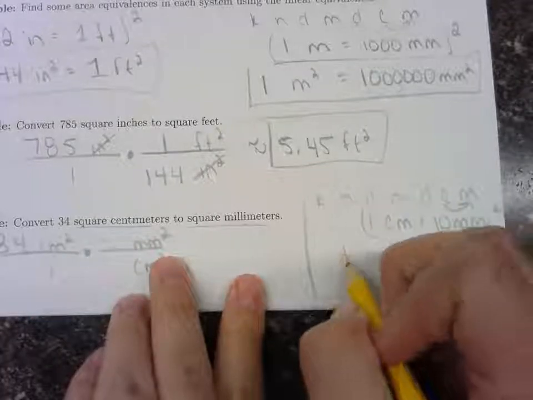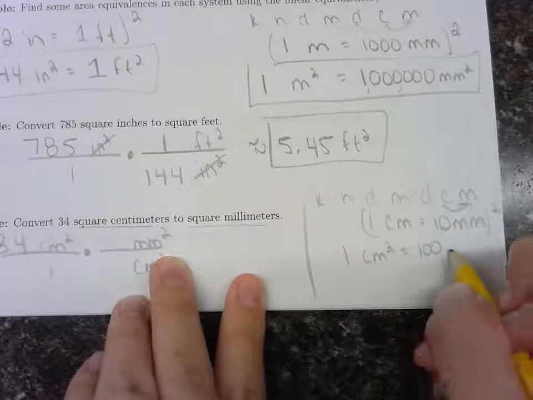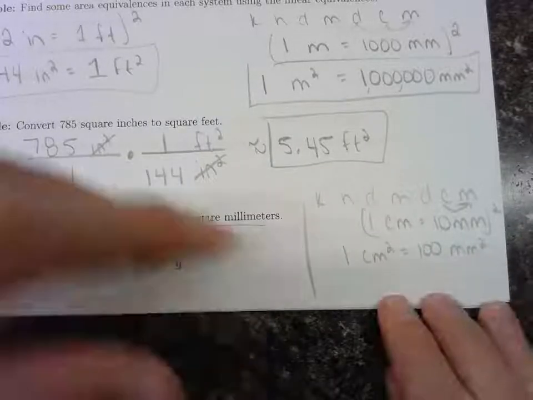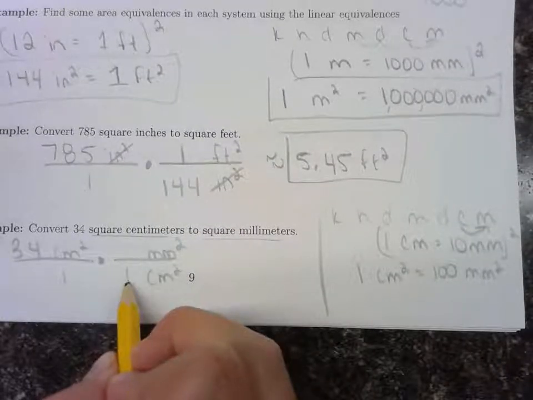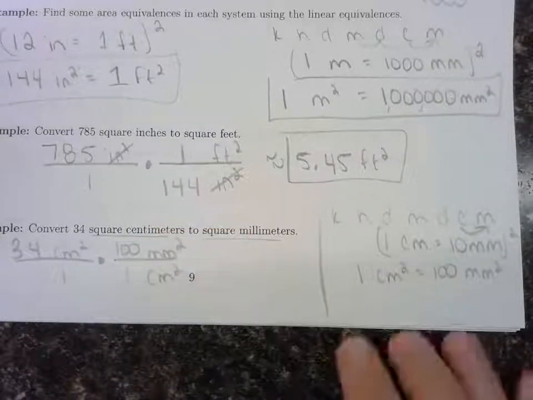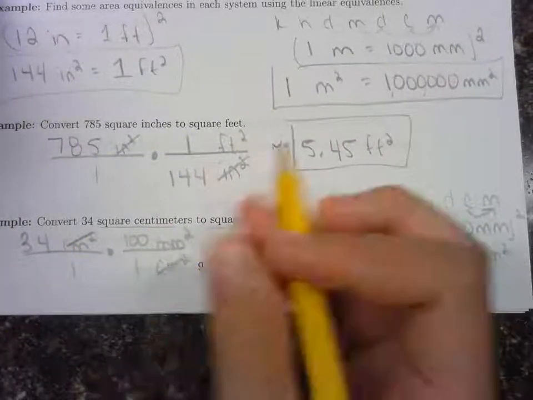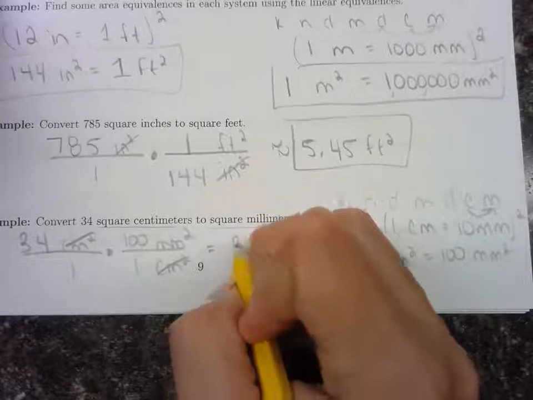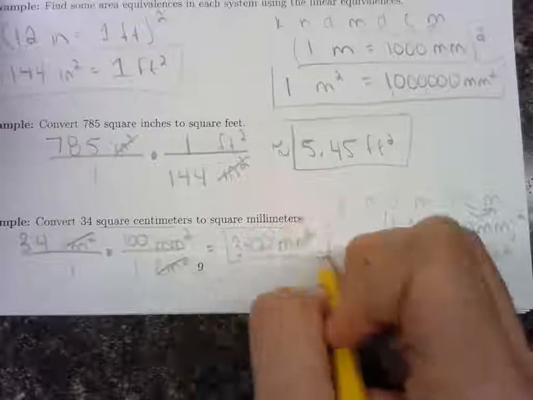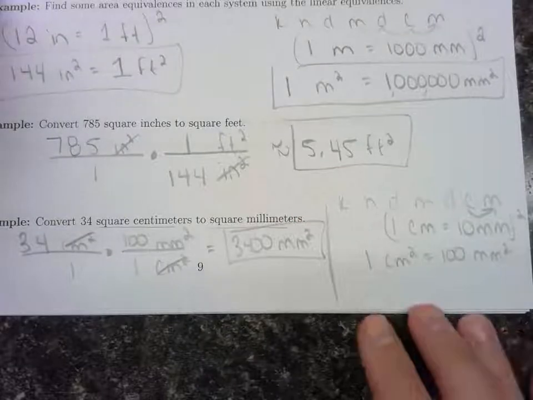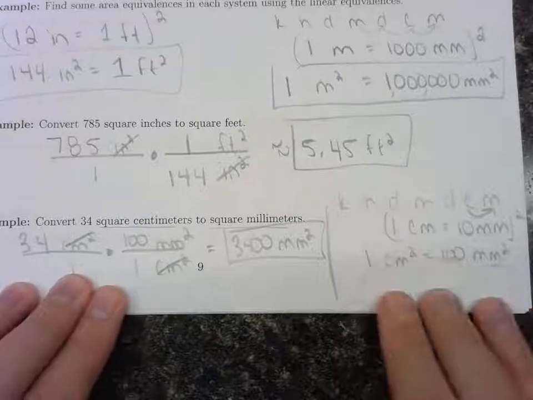So 1 squared is 1, centimeters squared is centimeters squared, 10 squared is 100, and then we have millimeters squared here. So there's our area equivalents. Coming back over here, 1 centimeter squared is the same as 100 millimeters squared. So we're going to multiply here. Centimeters squared will cancel, so we have 3,400 millimeters squared. So in the metric system, be careful if you're given a unit of area. You're going to have to do something like this.